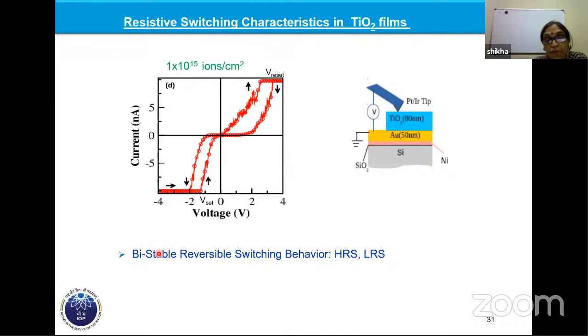So this is basically a bistable reversible switching behavior from a high resistance state to low resistance state and then back to high resistance state. This voltage where the HRS to LRS goes is called V set. And here where it goes from low resistance to high resistance is called V reset. And the two are of different polarity. One is negative, one is positive.